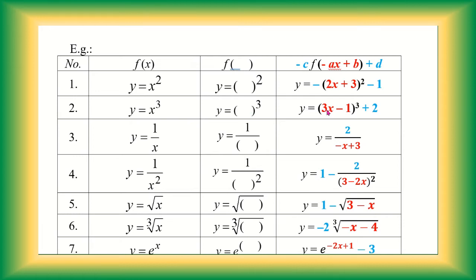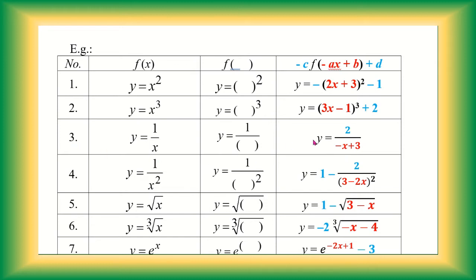So 3x minus 1 is x-coordinate transformation. Then the term outside the brackets, that is plus 2 here, so plus 2 is y-coordinate transformation.